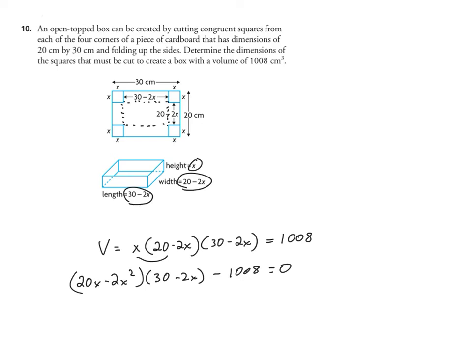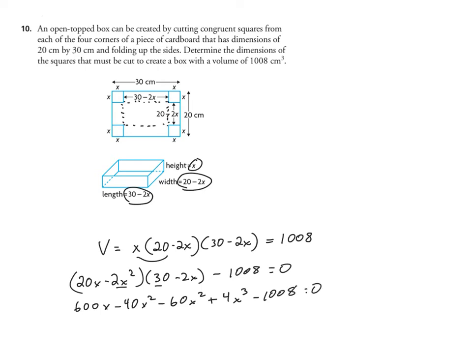Let's keep expanding. So 20x times 30, that's 600x. 20x times minus 2x is minus 40x squared. Negative 2x squared and 30, so minus 60x squared, and plus 4x cubed minus 1008 equals 0.